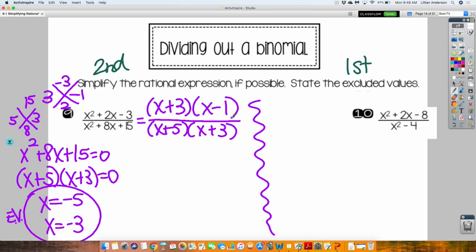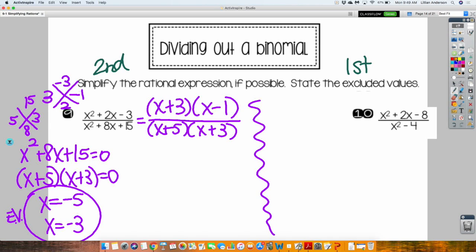Do they have anything in common? Not an x. The x's are attached to things. At the top, this x is attached to a +3. This x is attached to a -1. Do they have any common factors?